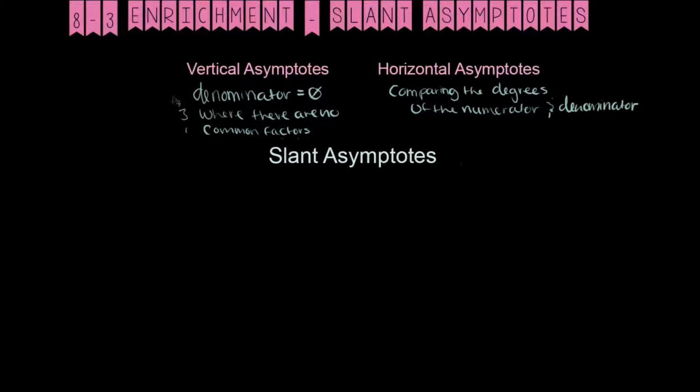What we are going to be doing is comparing the degrees as well. If we have something of the form y equals ax to the m over bx to the n, and there could be other stuff in the numerator or denominator, but these are assuming the highest powers. From finding horizontal asymptotes, if m is greater than n, we do not have a horizontal asymptote.